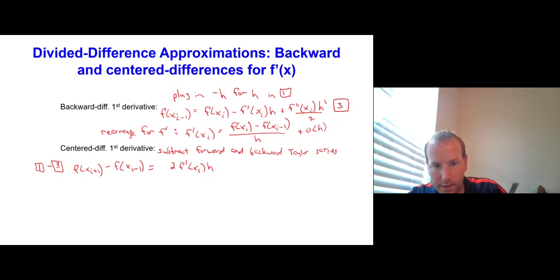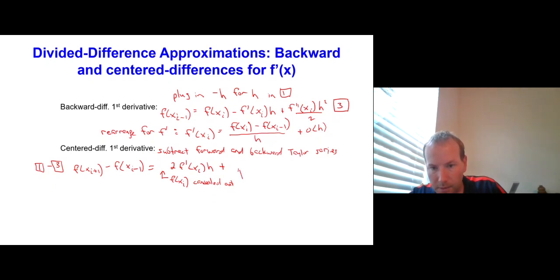And then notice here that we don't have the first term because f of xi canceled out. Okay. And then also the f double prime cancels out because this f double prime term is the same in the forward and backward version of the Taylor series.